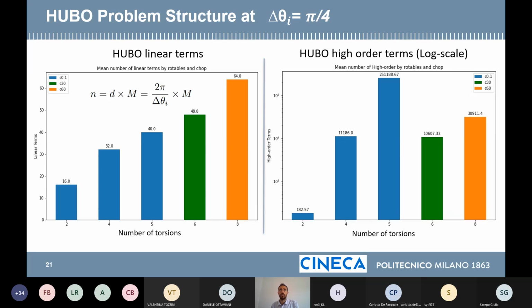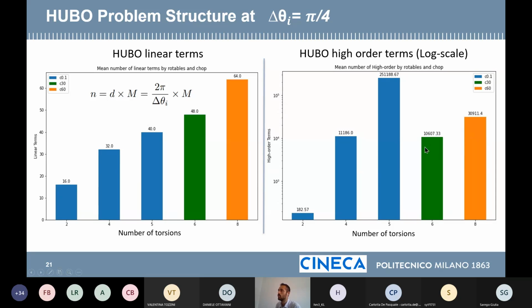Here we deleted all the terms whose coefficient was below 30, and here I think all the terms whose coefficient was below 60.